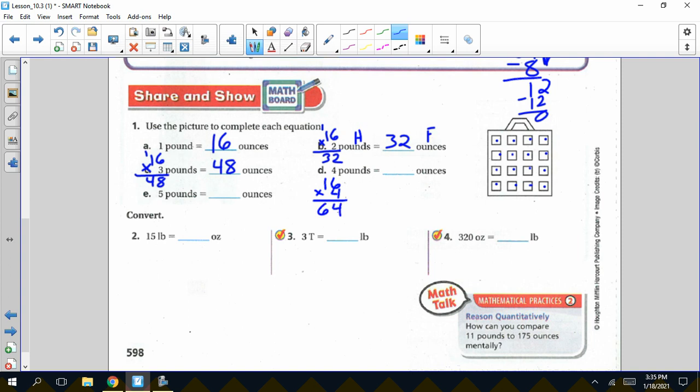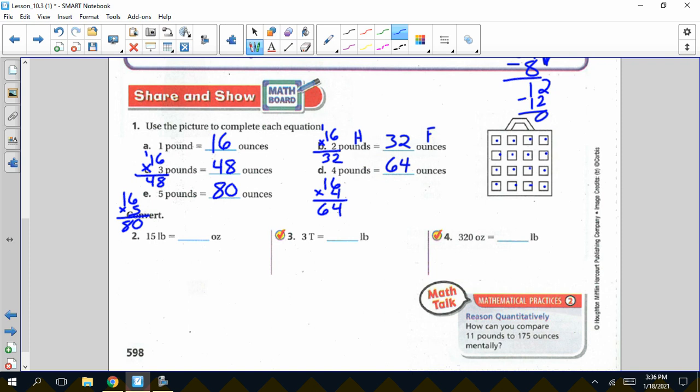Or you could do 2 pounds times 2, so 32 times 2, 64 ounces. And then the last one is 16 times 5 pounds, and that would give us 80 ounces. So again, going from pounds to ounces, that's just a horse to fly.